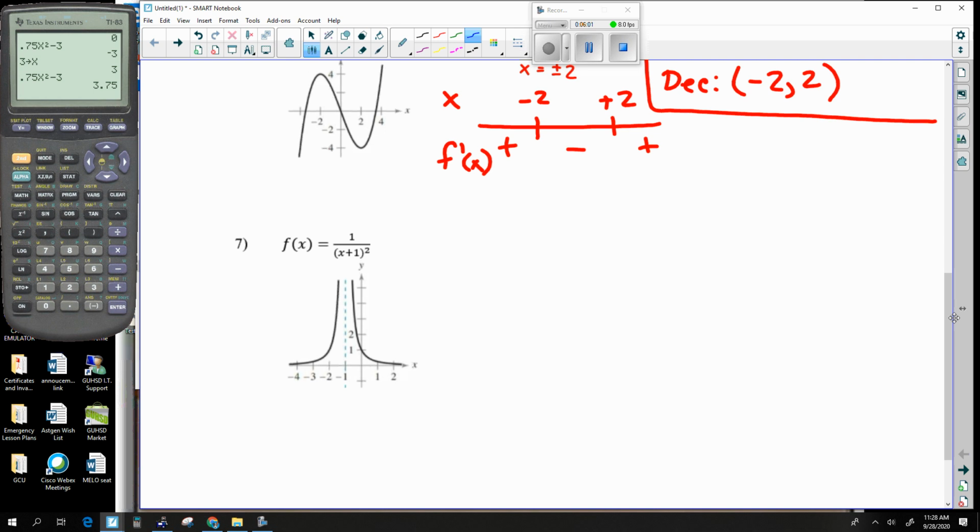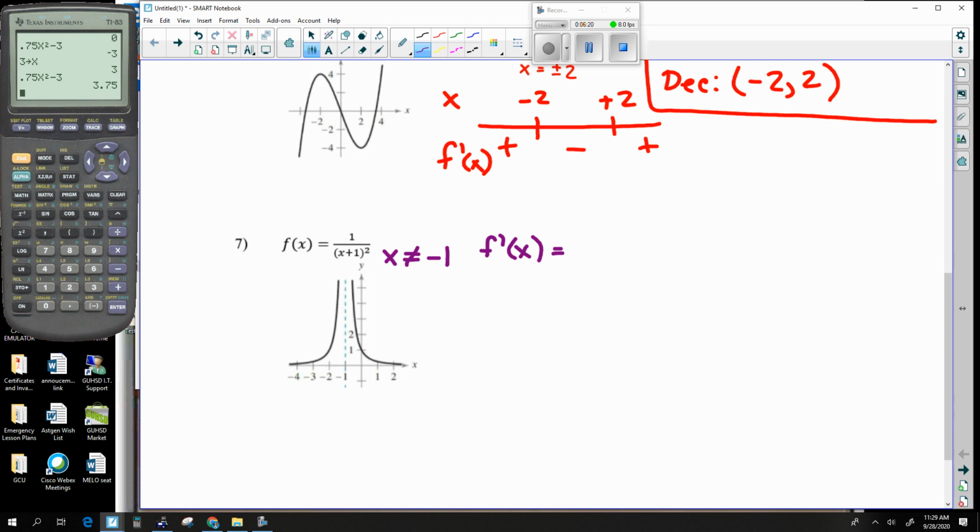Again, critical values are where the derivative is equal to 0 or where things are undefined. Right now, I see that x cannot be equal to negative 1. Let's take a derivative.